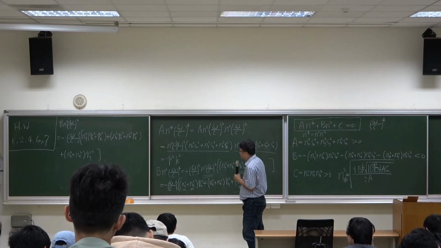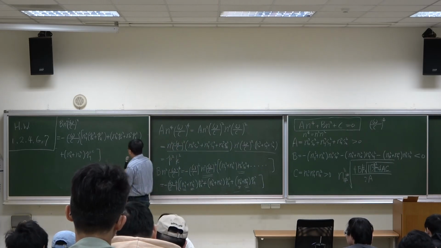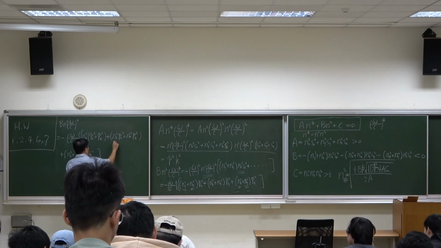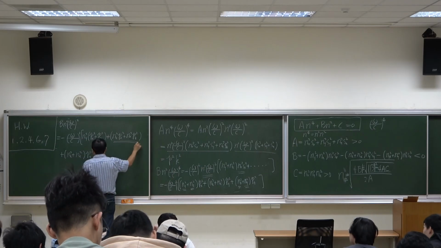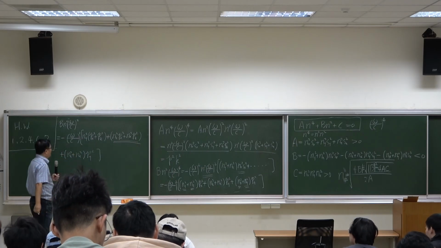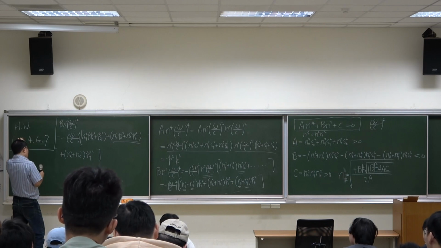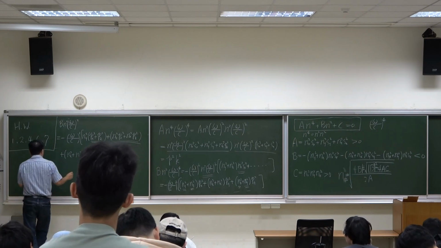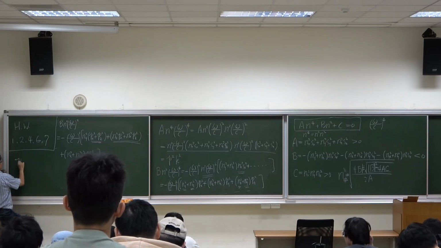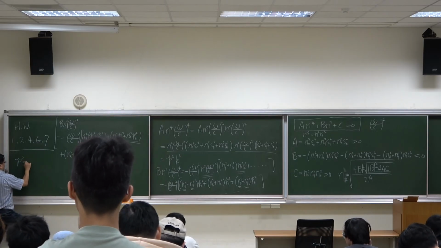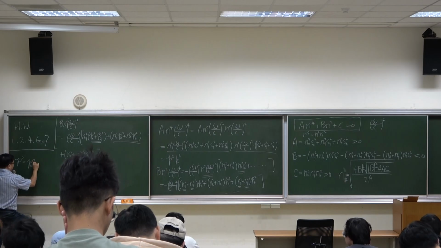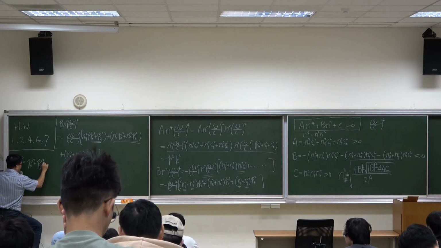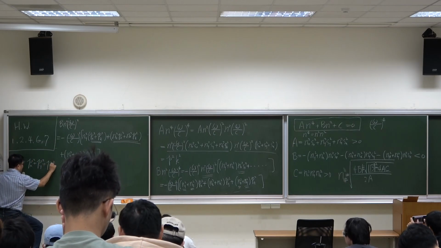And what is this one? And what is this one? We have p squared equal to px squared plus py squared plus pz squared.